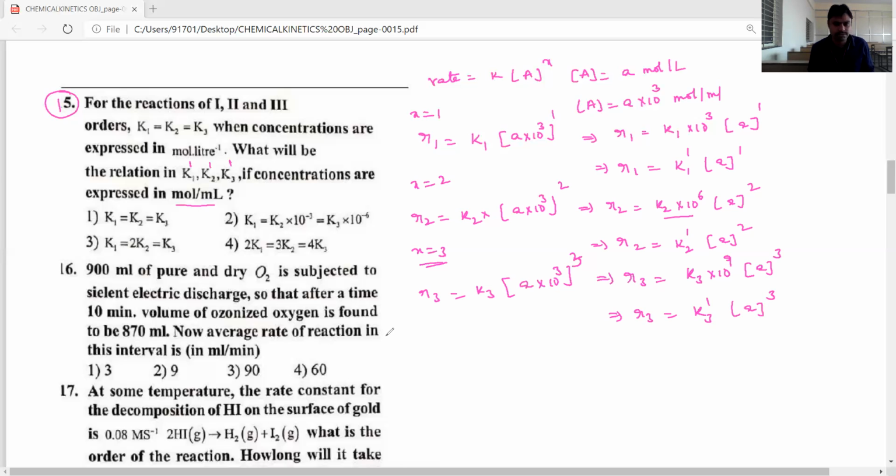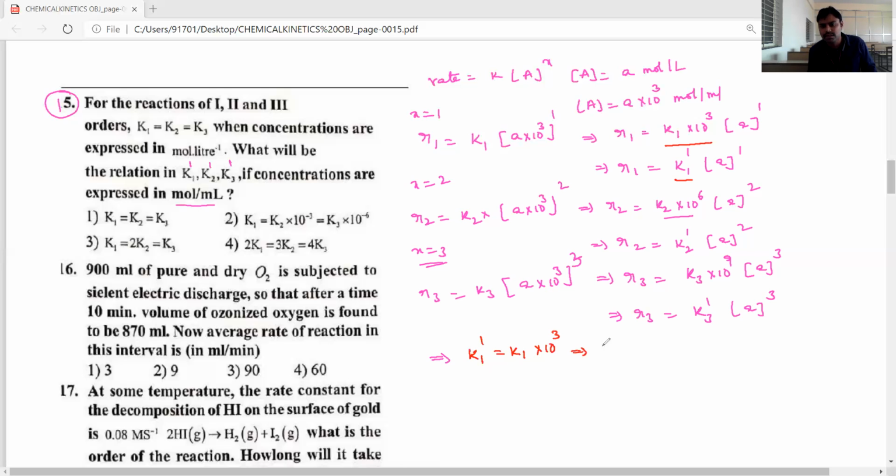But the given reaction: K1 dash is equal to K1 into 10 to the power of 3.